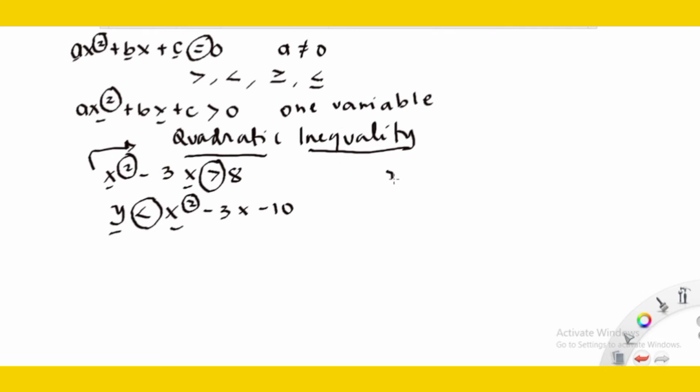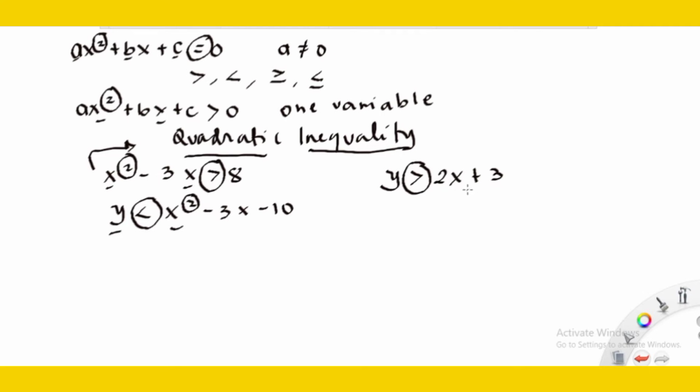So another example, when we have y is greater than 2x plus 3. So this is not a quadratic inequality, though this is inequality because of the inequality symbol, but the degree is not 2.